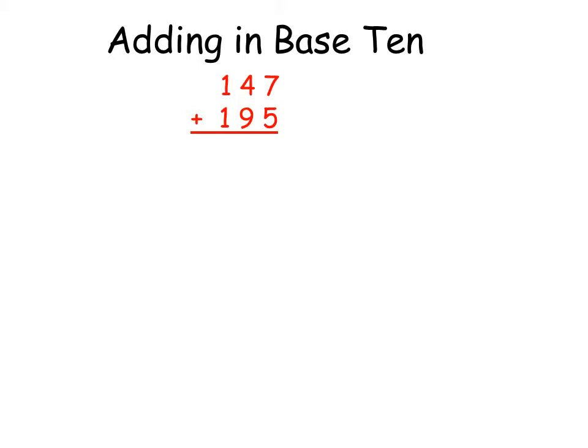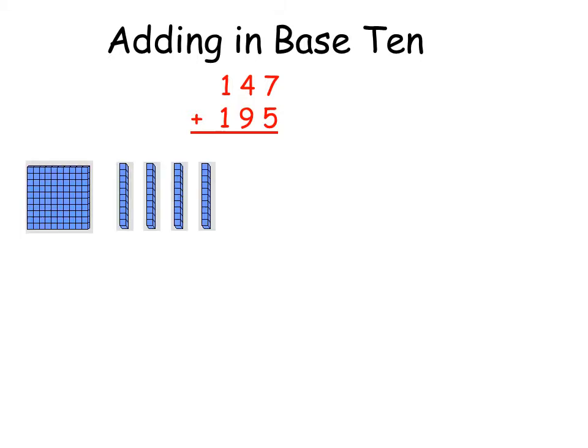So we're going to start off by looking at the numeral 147, and to that we're going to add the numeral 195. Anytime we're representing something conceptually, we must represent it based on our number system, which is the base 10 decimal system. So 147 would be 100, 4 tens are 40, 7 ones are 7, for 147.